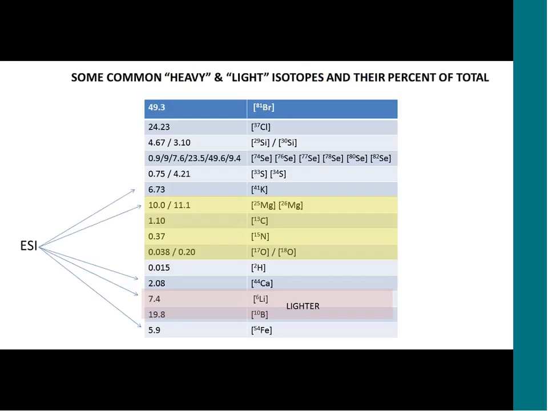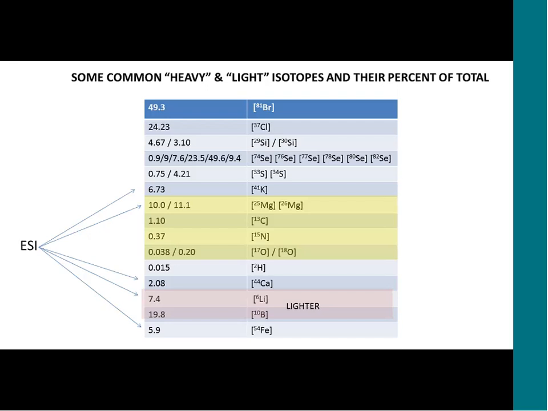Well, what kind of isotopes do we want to consider when we're talking about these patterns? This is a list of the more common ones. I'm not going to talk about obvious things like chlorine and bromine. These are simple. We've had the ability to count the number of chlorines and bromines for decades, actually. So that's not of particular interest.